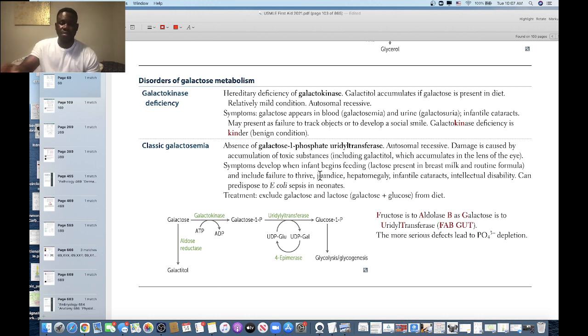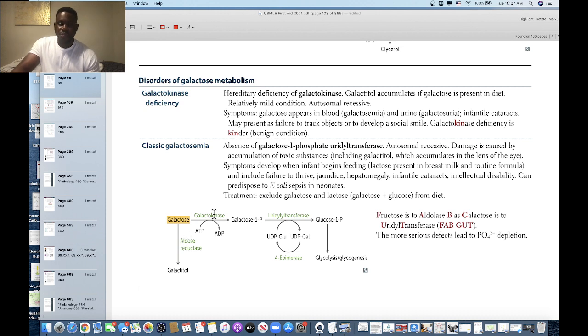So let's look at the reaction. Now, this galactose has entered the cell, right? We use galactokinase to convert it into galactose 1-phosphate because we don't want it to leave the cell. Therefore, we have to add a phosphate. So we have galactose 1-phosphate. Now, galactose can also be converted into galactitol by aldose reductase.